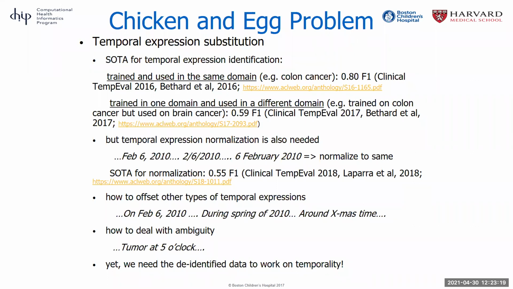State of the art for normalization is around 0.55 F1. I already alluded to the other types of temporal expressions and the ambiguity, especially in the cancer domain. So there are challenges. There will be noise introduced in the de-identified data, yet we need the de-identified data to work on temporality. Hence what I call the chicken and the egg problem.